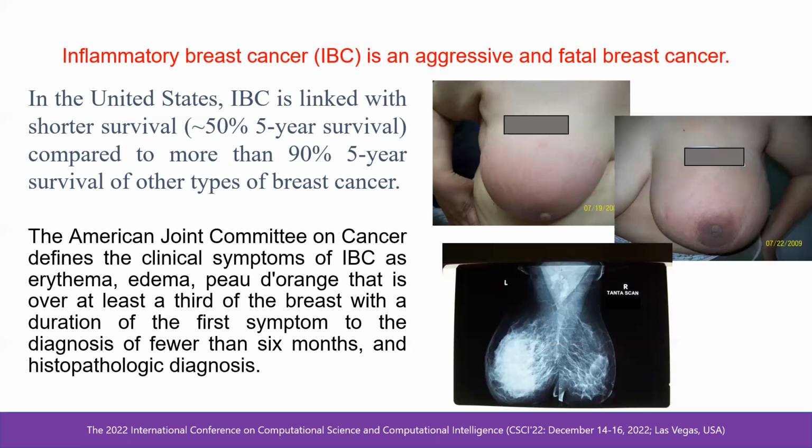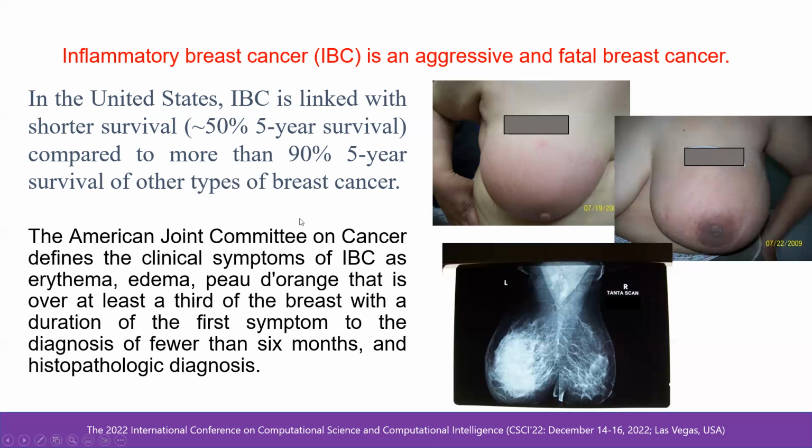Furthermore, detecting redness, peau d'orange, and edema is difficult in women with dark skin, such as women from Egypt, many low and middle-income countries, and the United States among African Americans and women of other ethnic backgrounds.